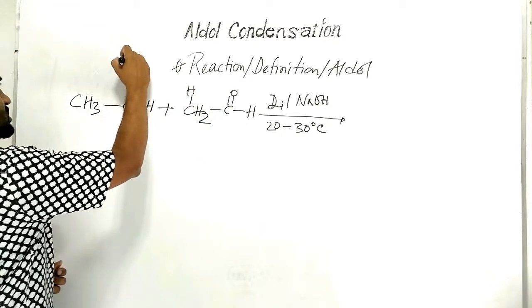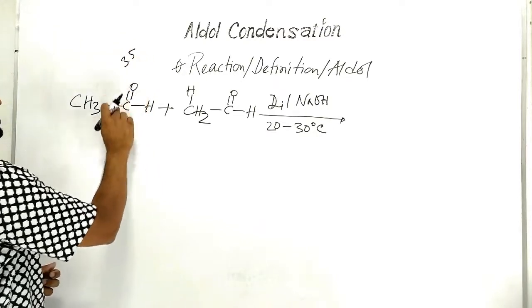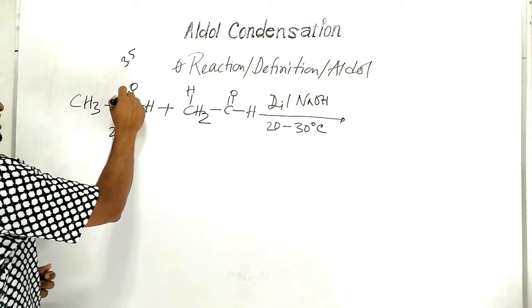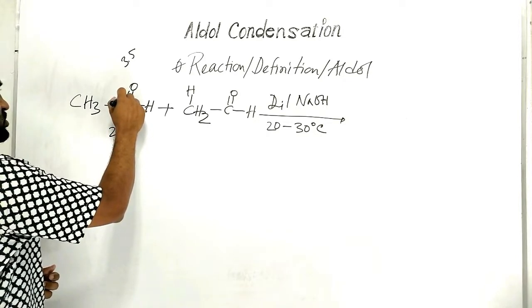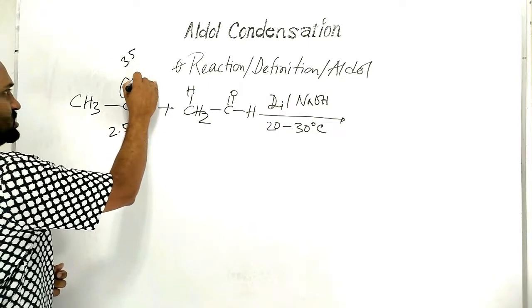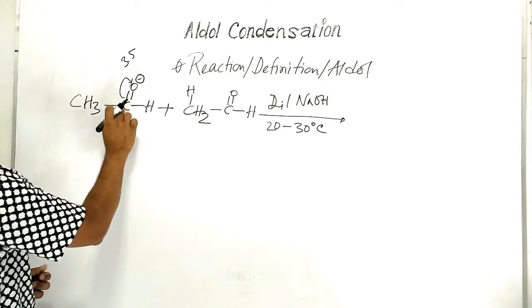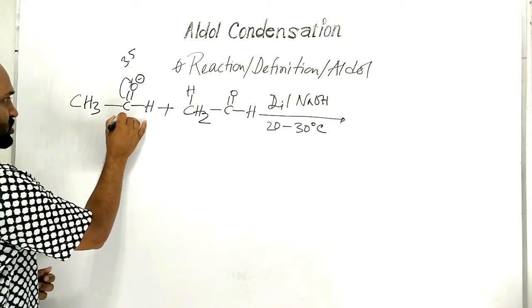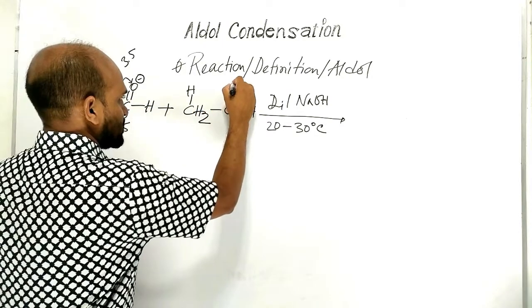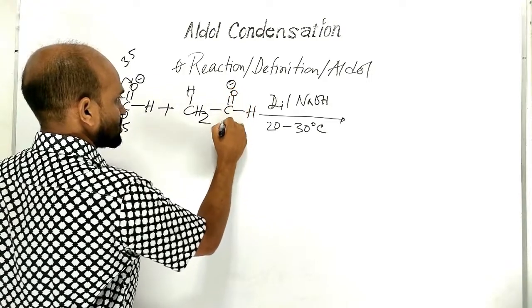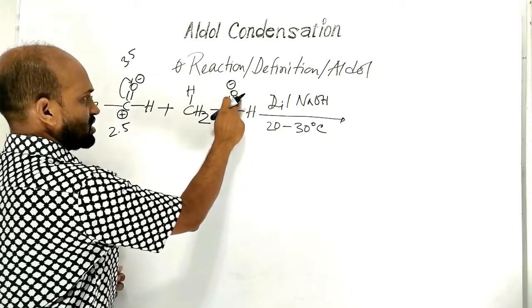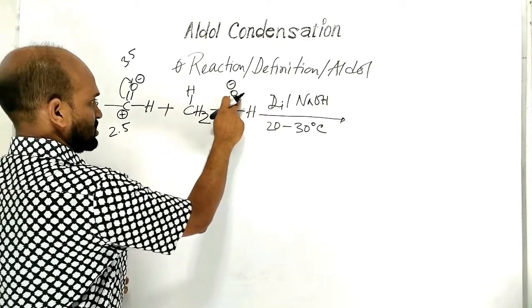Then in this molecule, electronegativity of oxygen is 3.5 and carbon is 2.5. So these pi bonded electrons move towards oxygen. As a result, it becomes negatively charged and carbon becomes positively charged because of the higher electronegativity of oxygen.